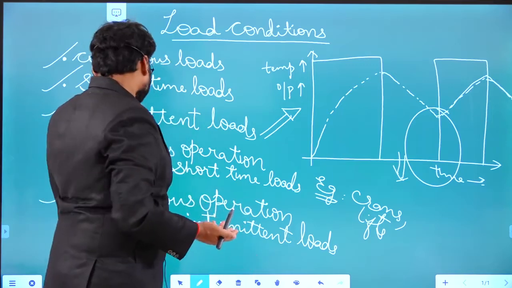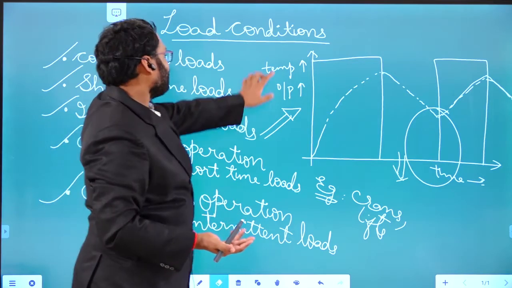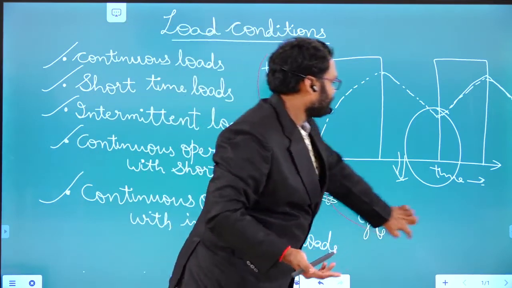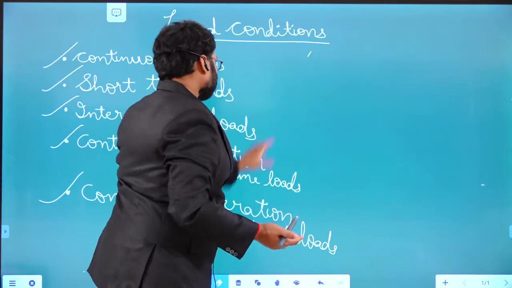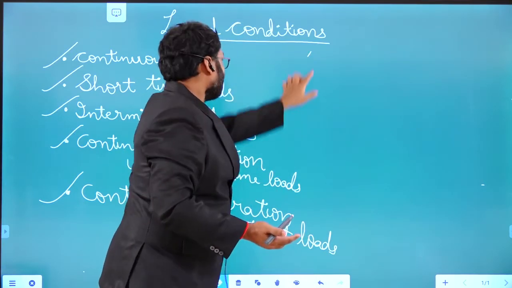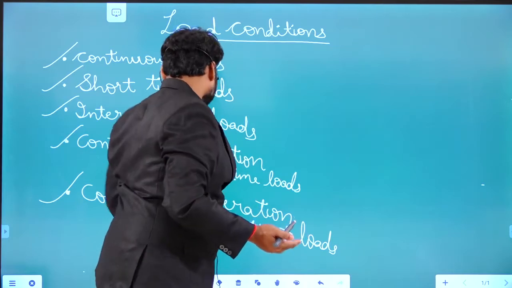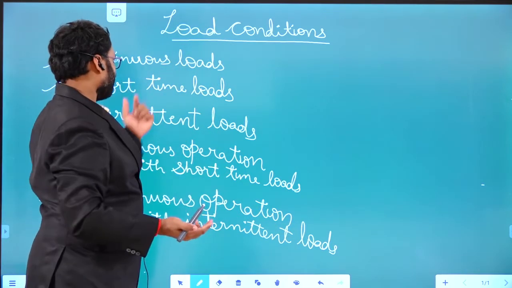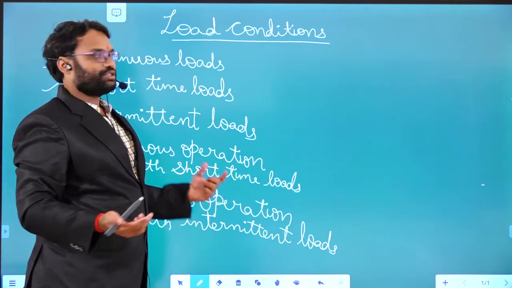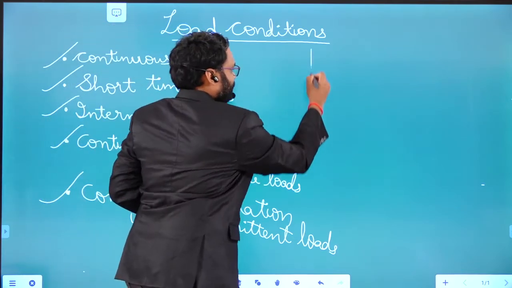So next we will see continuous loads with short term operation. This type of combo means the combination of continuous operation with short term loads.